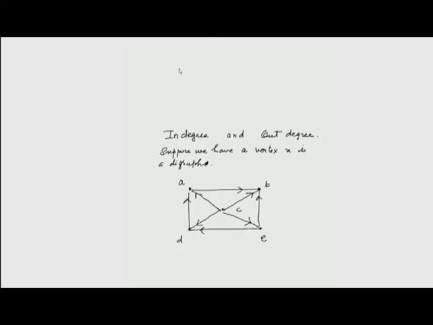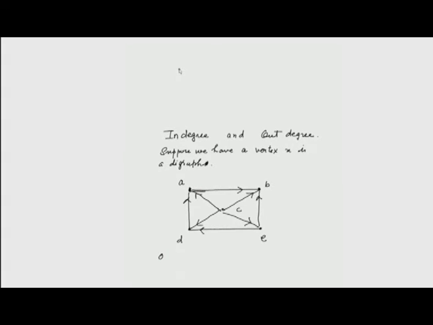So, we have a graph. Now, let us consider the vertex A. So, the number of edges emanating from A is 1.